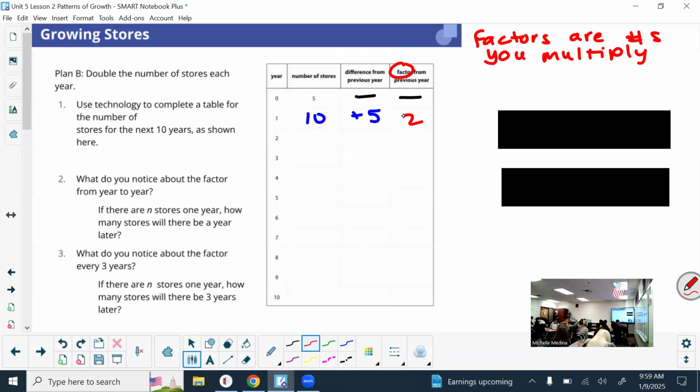If we're doubling each year, also say what the difference is from the previous year and the factor. You have a couple minutes, and then same thing as before. You're all going to be called on, so make sure you're ready. Okay, Brayden, how many stores were there in year 2?